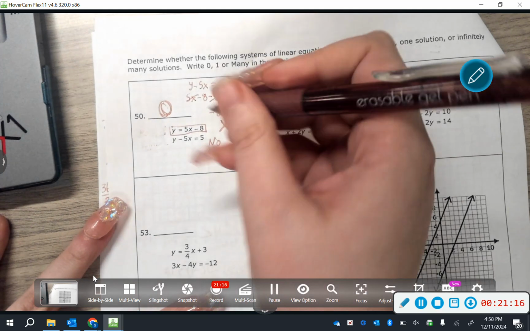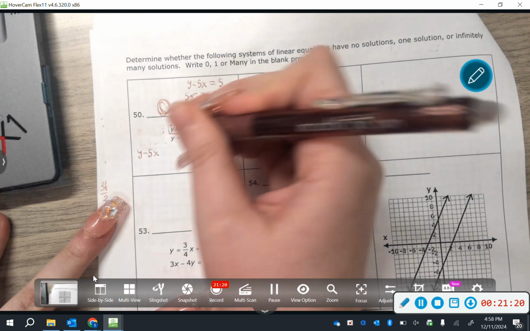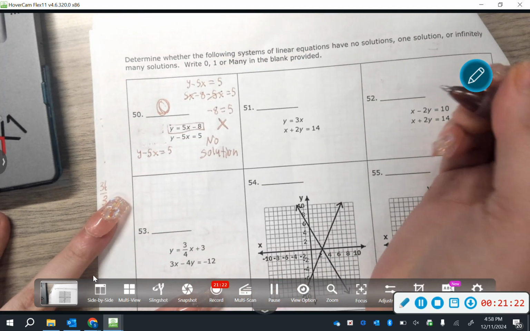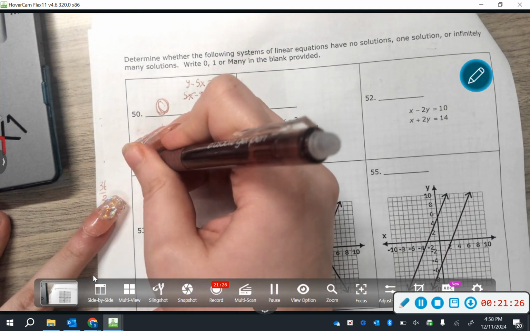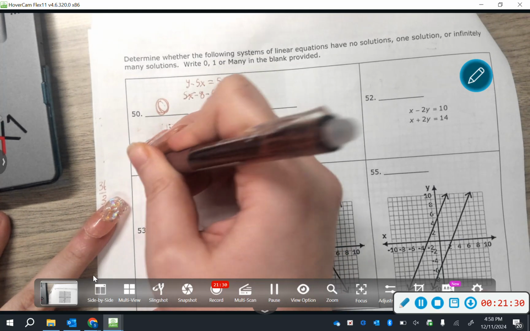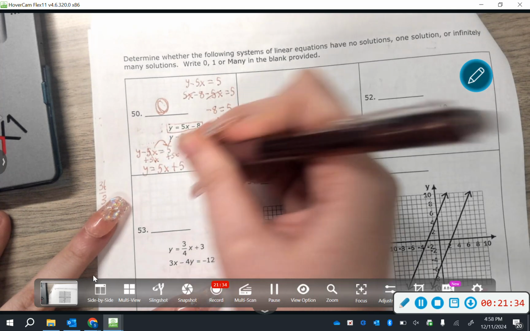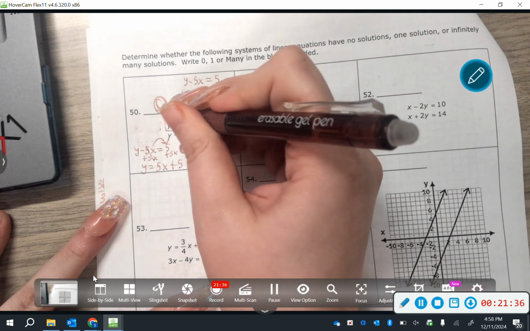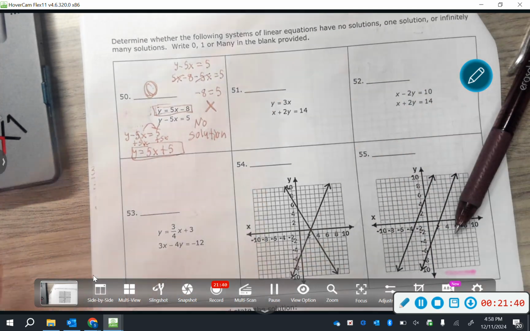If you wanted to plug it in, let's say you're a calculator kind of person, y minus 5x equals 5. If you want to get the y by itself, the opposite of minus 5x is plus 5x to both sides. Y equals 5x plus 5. Now you could technically plug this one and this one in your calculator and go see if they cross.